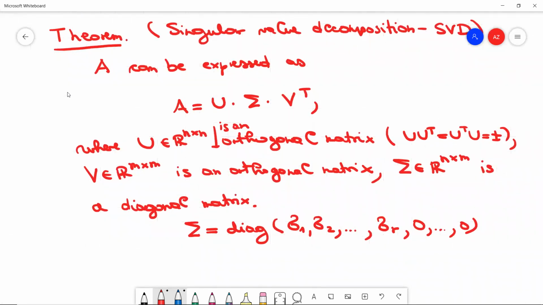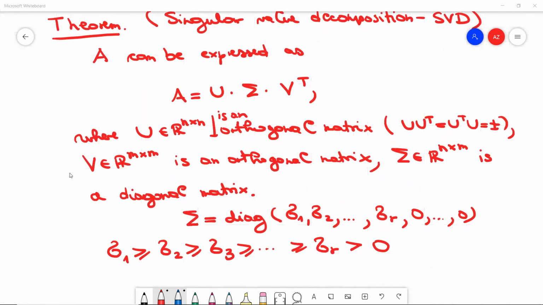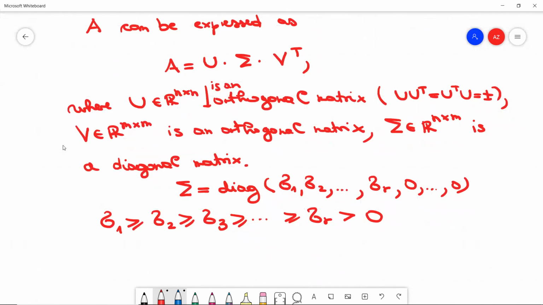And usually we order those sigmas in decreasing order. So it's not necessarily true, but we usually do it. So sigma 1 is not smaller than sigma 2, is not smaller than sigma 3, and so on, up to sigma r. And those are all positive. We call those sigmas singular values. So sigma i is a singular value of A.